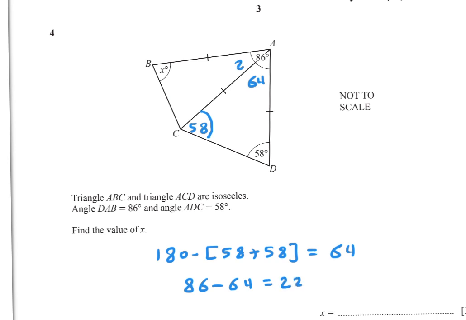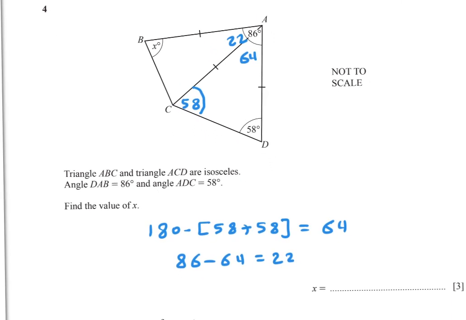So this angle is 22. Now in triangle BAC, this angle is 22 and this is an isosceles triangle. So to find x, 180 minus 22 divided by 2 equals 79. So x equals 79.